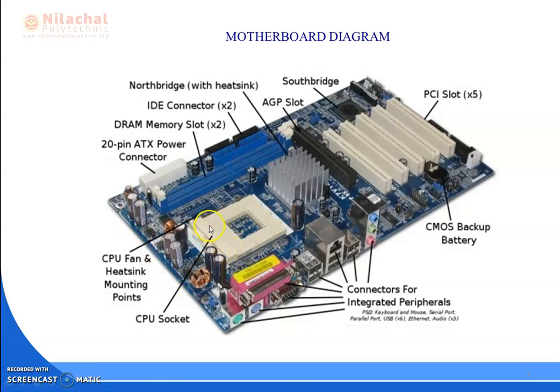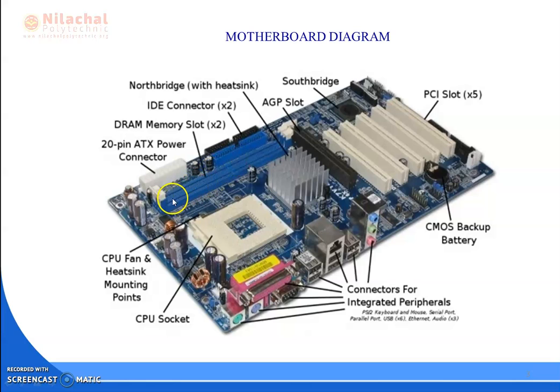Here we can see there is a CPU port. As the CPU generates a lot of heat, there is a CPU fan or heat sink mounting points over it here. Here we can see the memory slots.